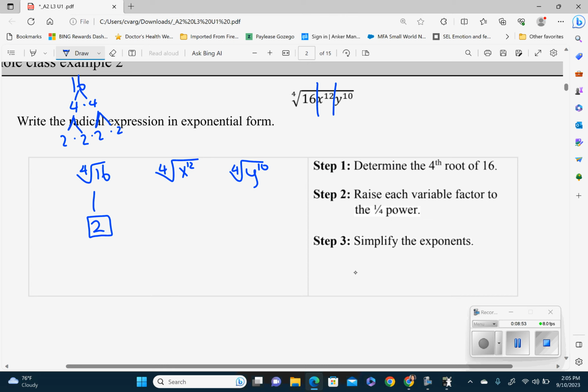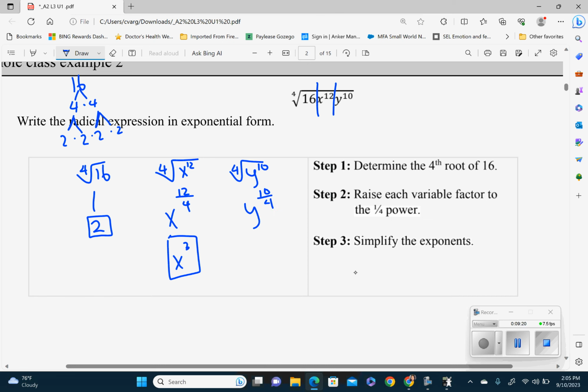I could take this right here and rewrite this as x to the 12 over 4, because the exponent is over the root, and our root is 4. So 12 divided by 4 is the same thing as x to the 3rd power. And this last one, I can rewrite as y to the 10 over 4.